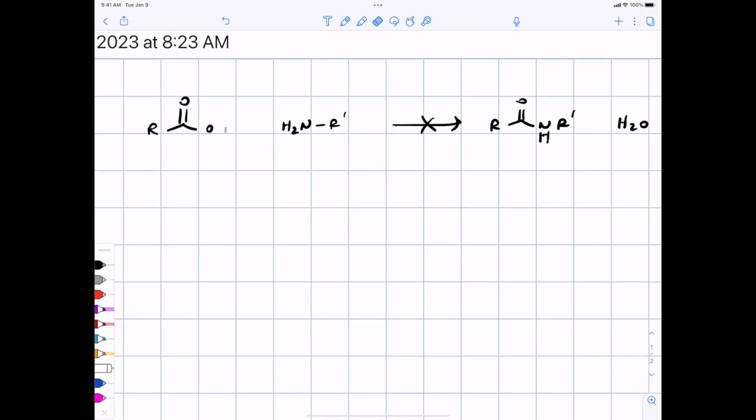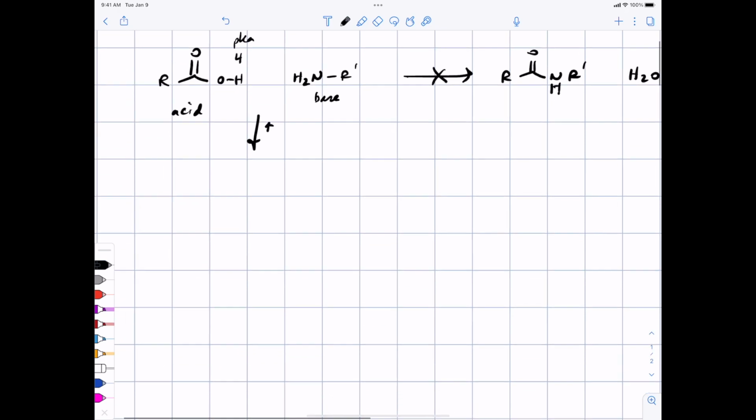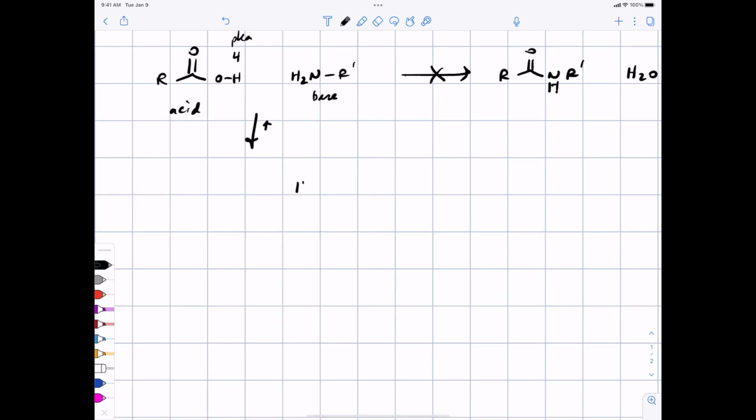Sounds good, but in practice what happens is you have this acid here, which has a pKa around 4, and amines are bases. The pKa of the conjugate acid of the amine, the ammonium ion, is around 11, although it's closer to 9 for amino acids.